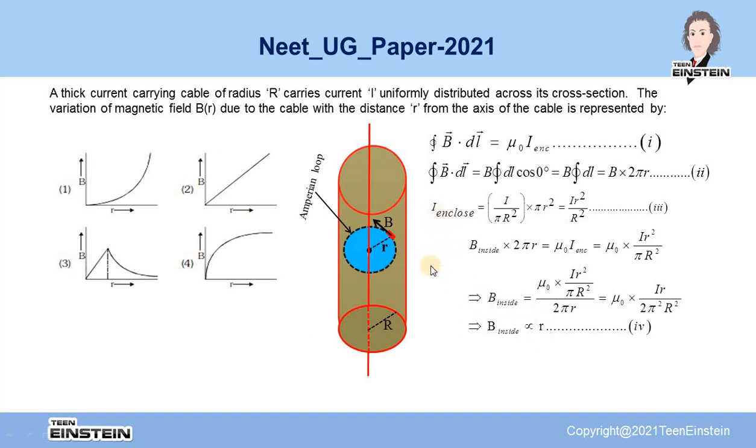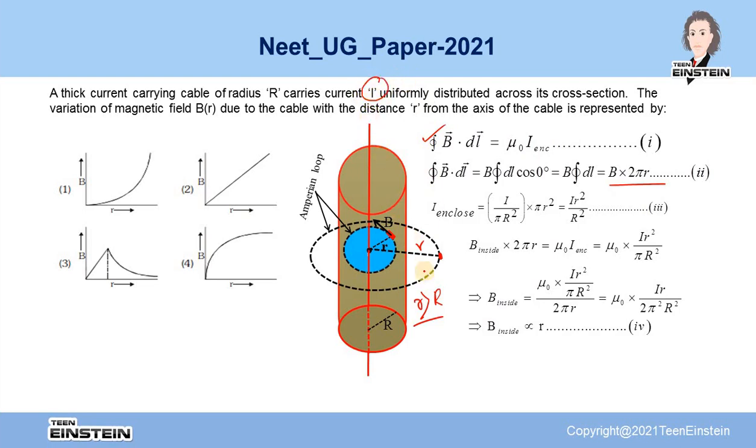Similarly, we can find the magnetic field outside the cable. First of all, we have to draw the Amperian loop of radius r. In this case, r is greater than capital R, that means this is an exterior point, and the same formula will apply here. On the left hand side, by symmetry, we write B into 2 pi r, and the current enclosed by this Amperian loop will be the whole current.